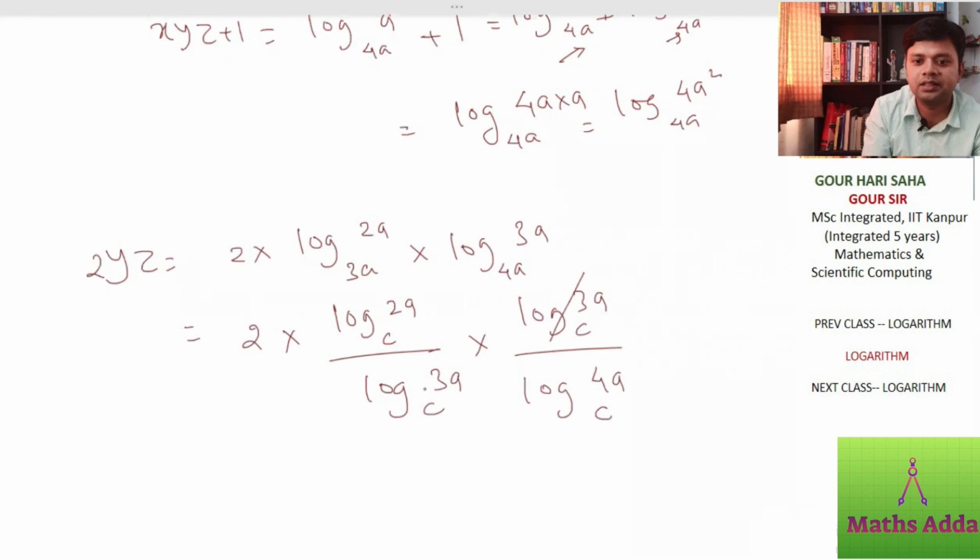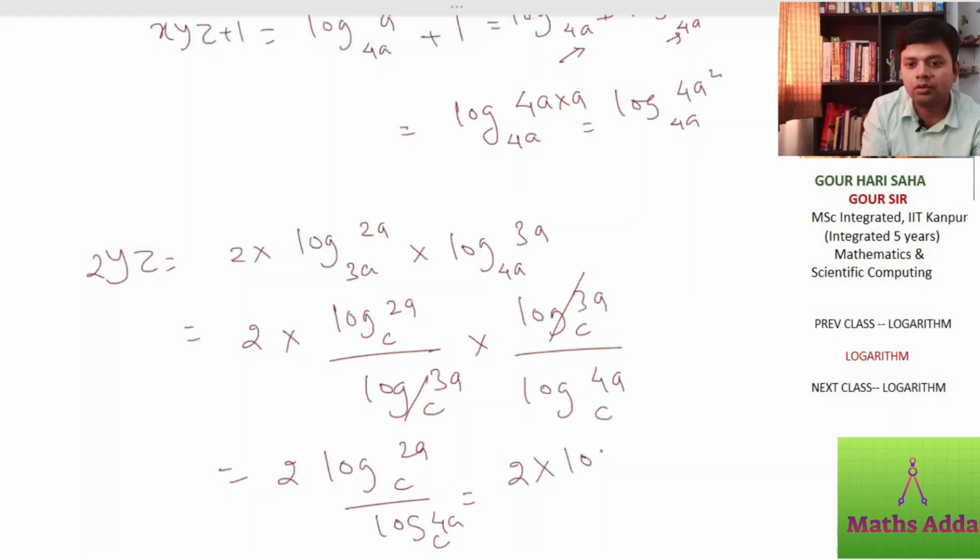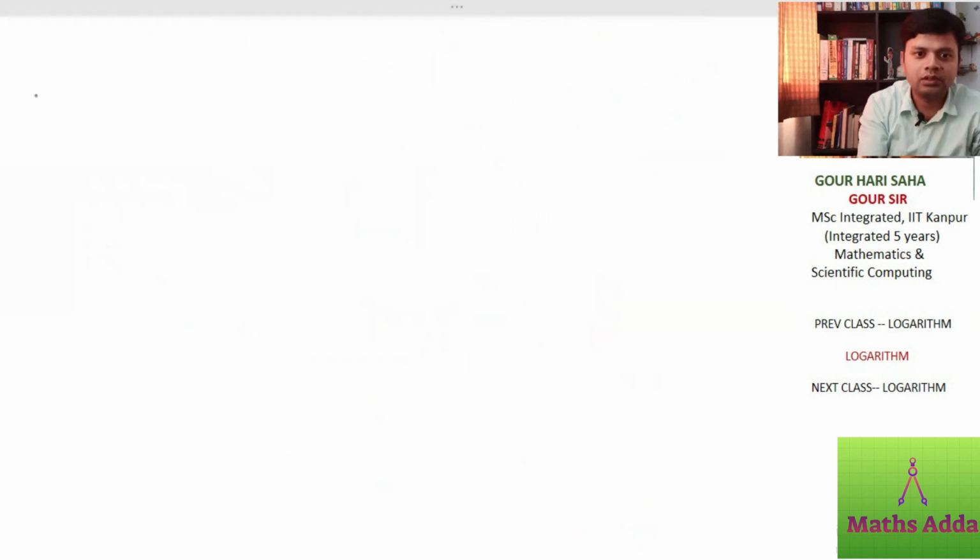You see this cancels, so this becomes 2 times log of 2a base c by log of 4a base c, which is actually 2 into log of 2a base 4a. Same thing we did earlier. Now the 2 will go inside, it is log of 4a square base 4a, which is equal to this one. This is question number 13.